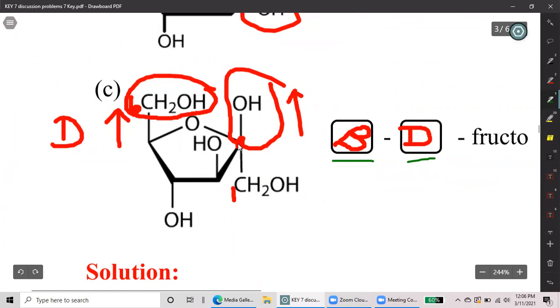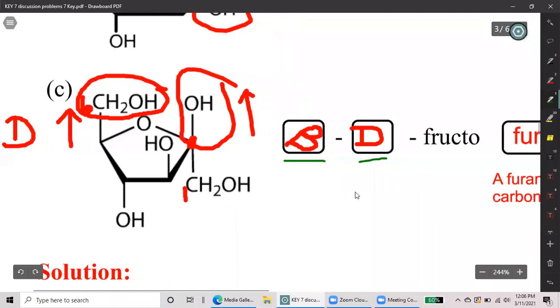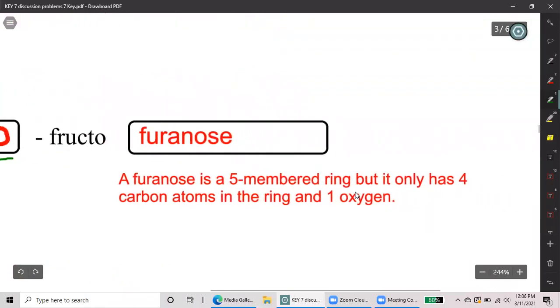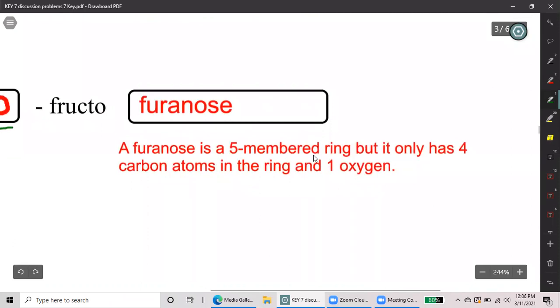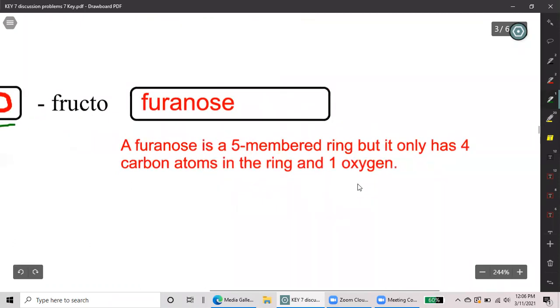So this is 1, 2, 3, 4, 5. This ring has 5 members. 4 of those are carbons, and 1 of those is an oxygen. So this matches the definition for a furanose. A furanose is a 5-membered ring, but it only has 4 carbon atoms in the ring and 1 oxygen.